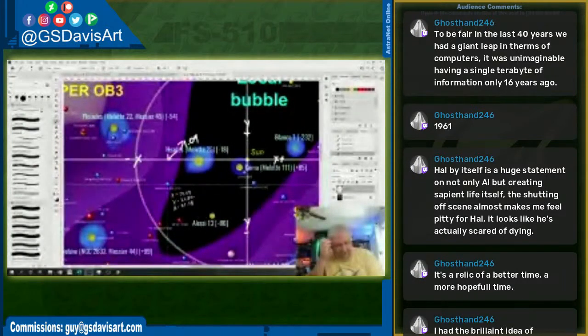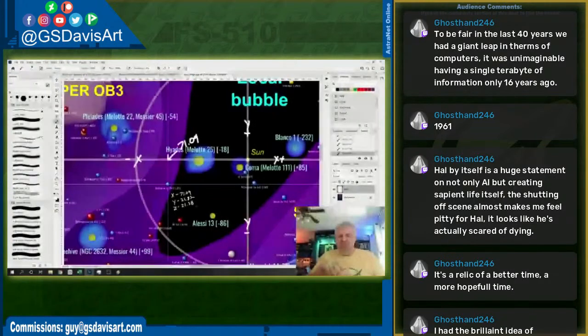I'm noticing that his X and Y here is galactically centered. But that's okay. Since that's 71 parsecs negative, I'm assuming the sun is at 0x and 0y, and also 0z, which is fine.